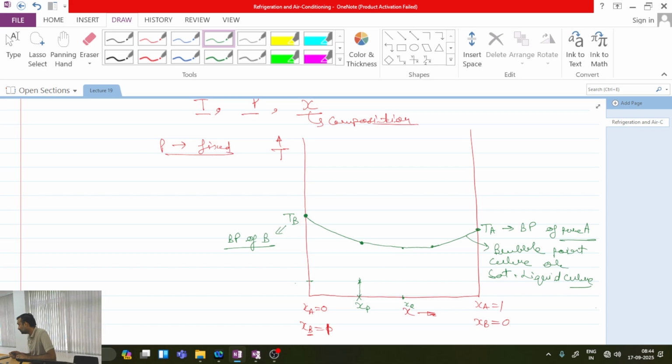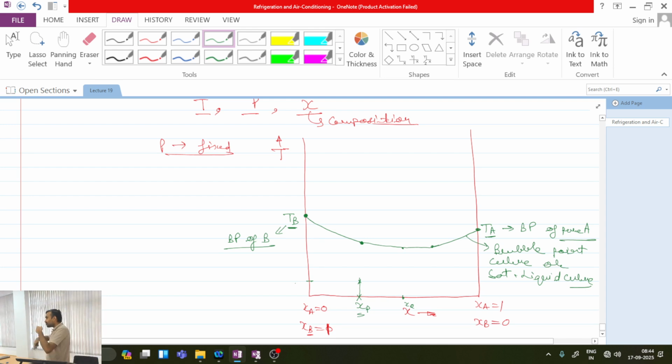No, at boiling point. This is the boiling point of what? Pure B. This is the boiling point of pure A. But at this point, am I having pure B?